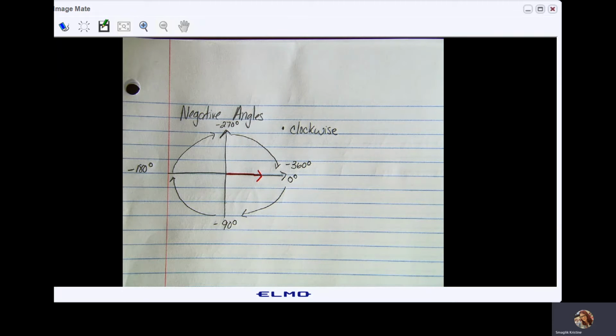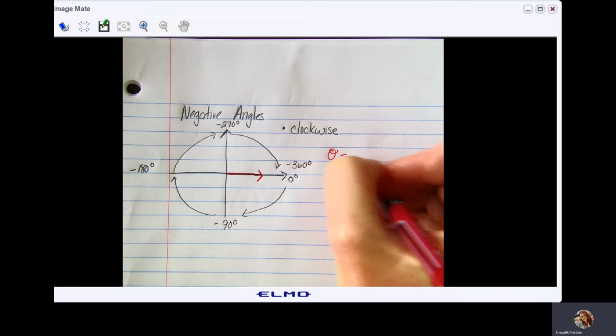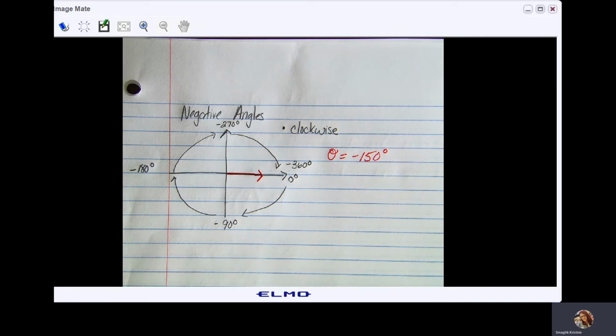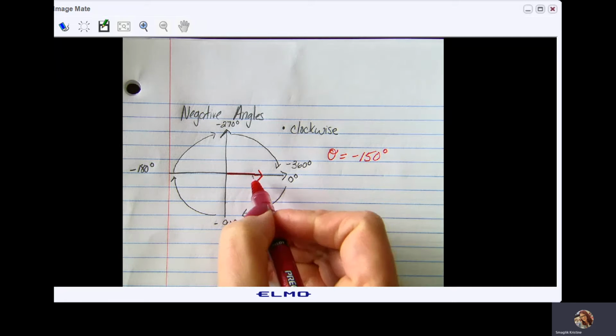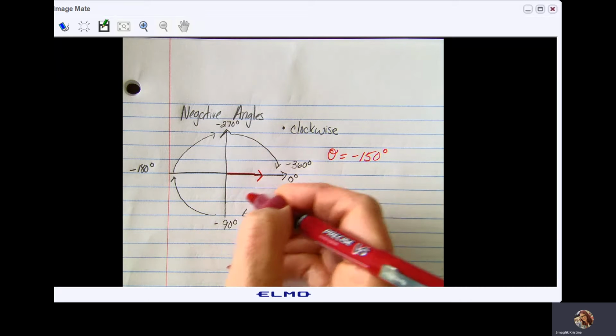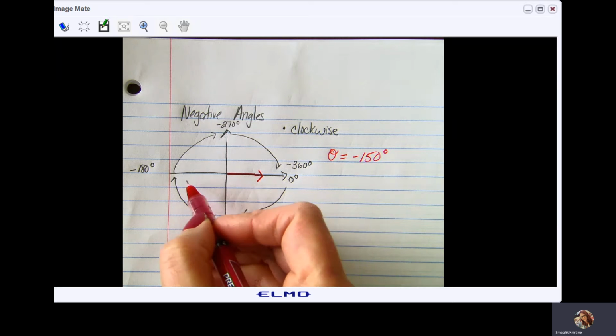So now let's say I want to find theta equals negative 150 degrees. So I am starting here on the positive x-axis. This is my initial side, and I'm moving clockwise. Well, if I'm moving clockwise and I come up to negative 180, I've gone too far.